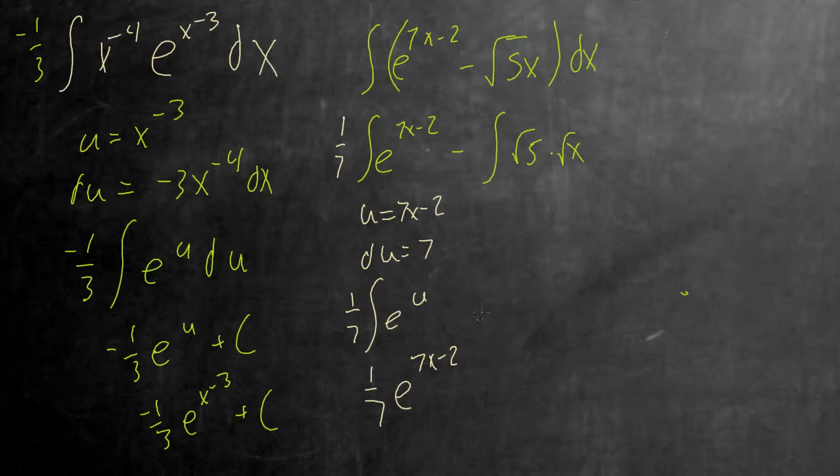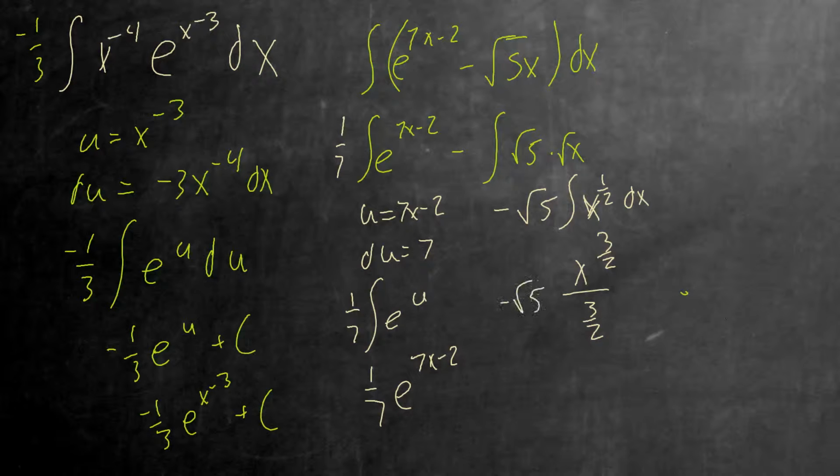No problem there. This guy here, no u substitution required, but I would maybe encourage you to remember that number can just go in front, and calling this x to the 1/2 dx would be smart as well. Integrate that, x to the 3/2 divided by 3/2 times negative root 5 plus c.